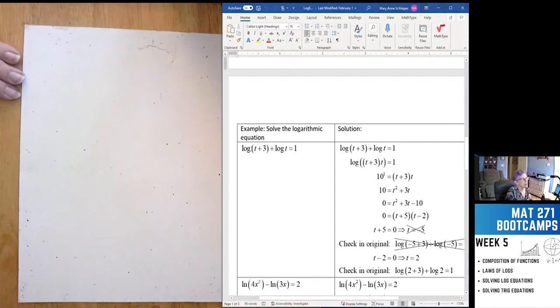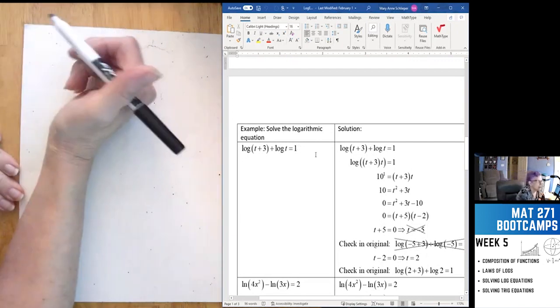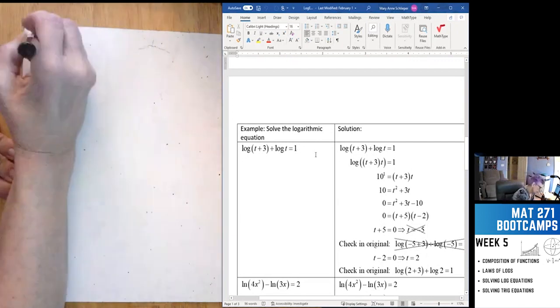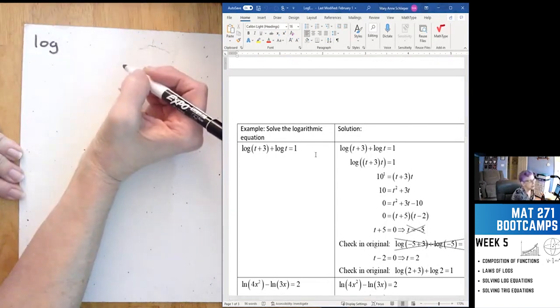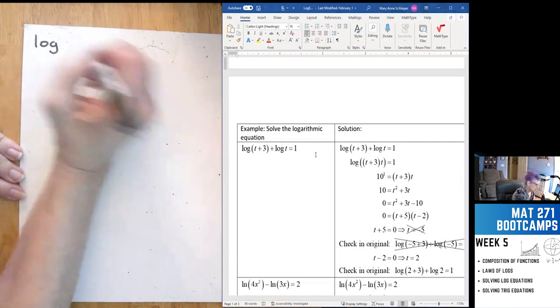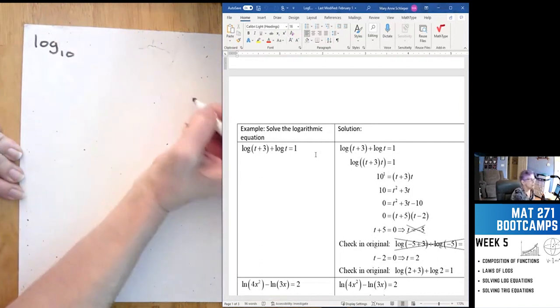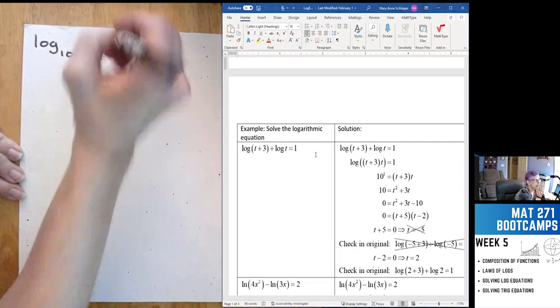Again, we have log of this plus log of that equals a number. So we're going to have to write it as an exponential. And we remind ourselves that if there is no base showing, that means it's log base 10, the common log.